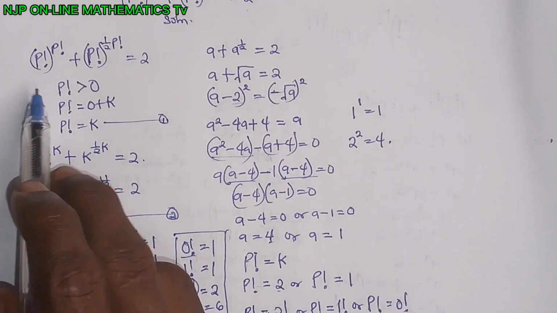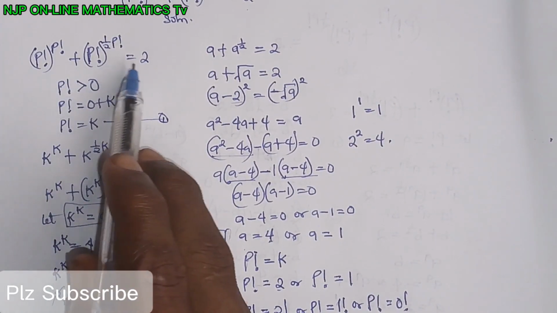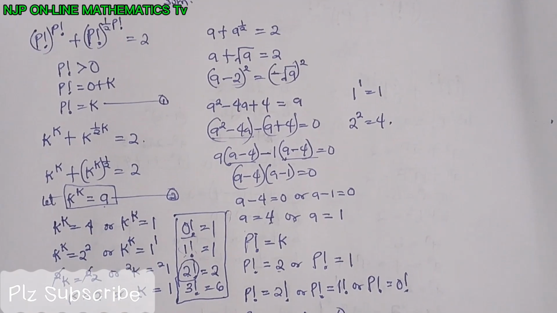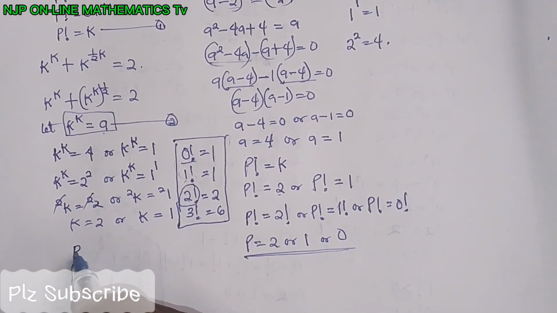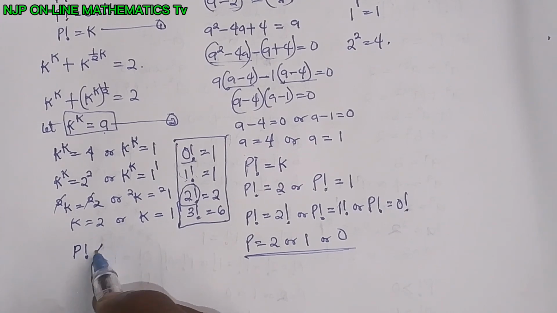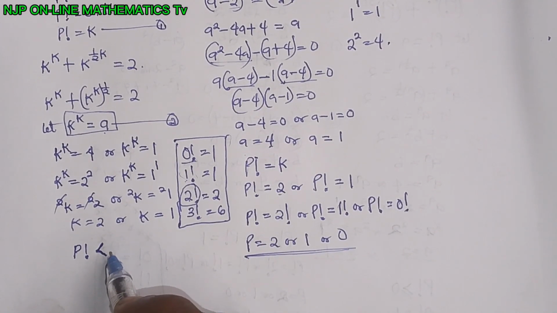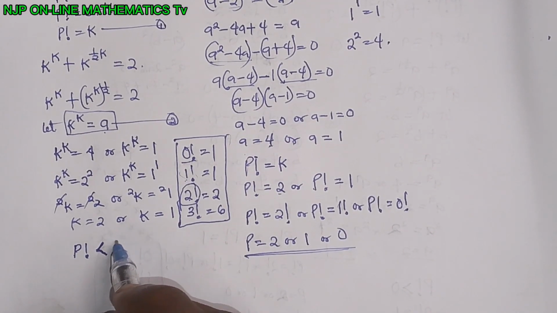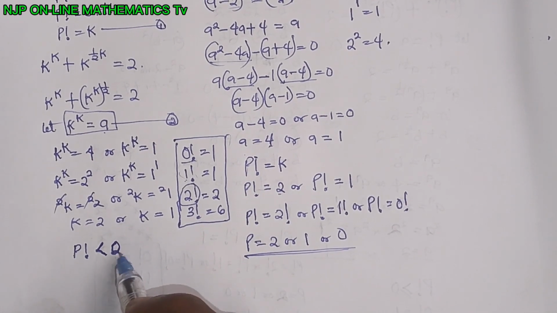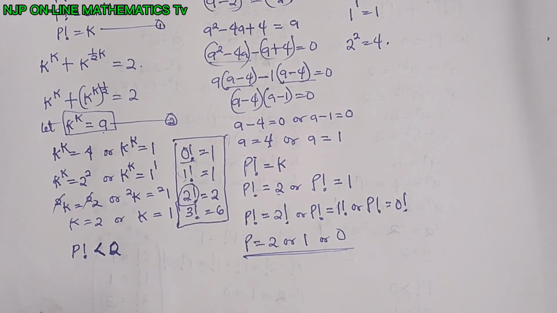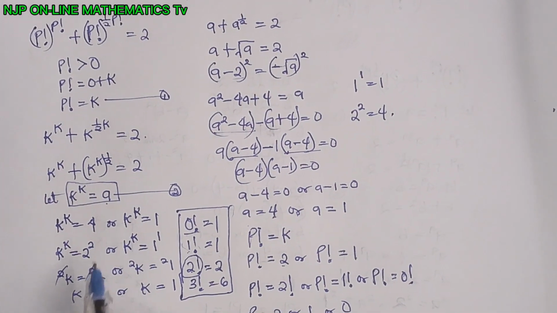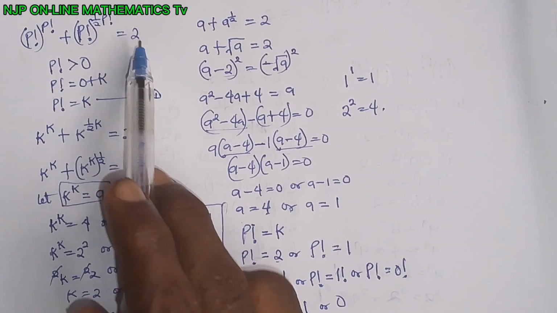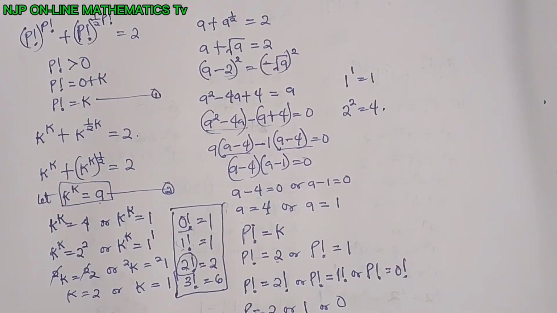So from here, we need to see that for this to be equal to 2, p factorial must be less than 2, because 2 to the power 2 added to 2 will be 6, which will be greater than 2.